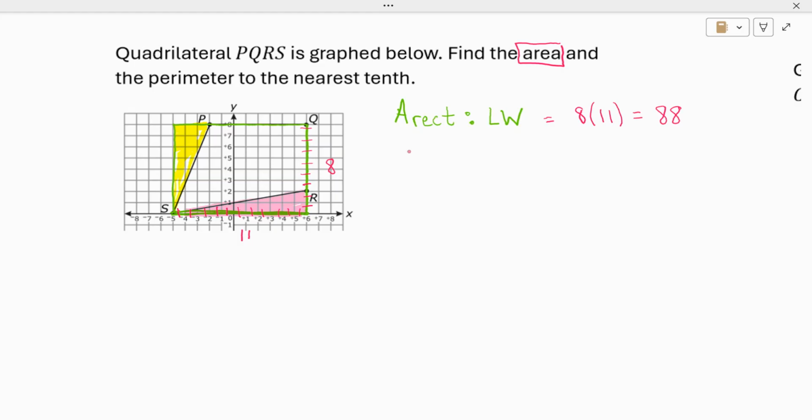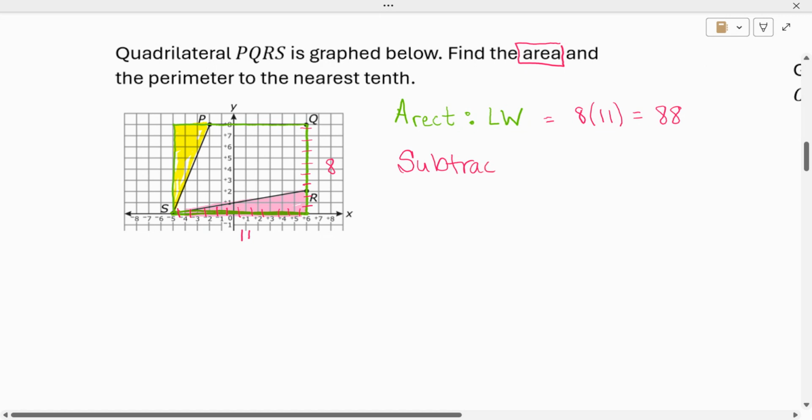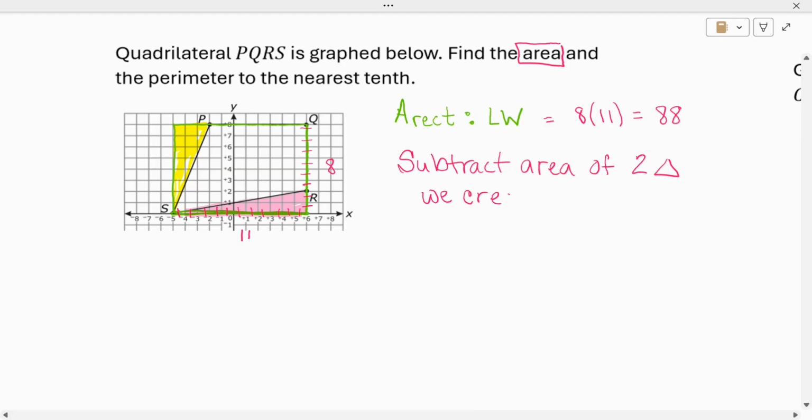So now we have to subtract the area of the two triangles that we actually created. We created those triangles by extending our lines and making a nice rectangle. But we added that to our shape, so we got to subtract it out. Does that make sense? Okay.